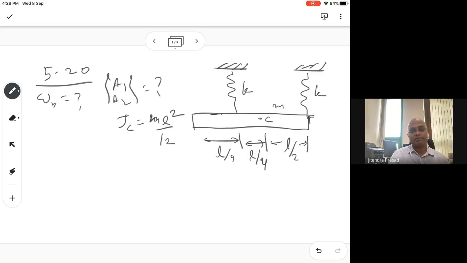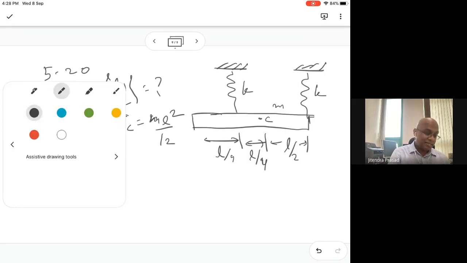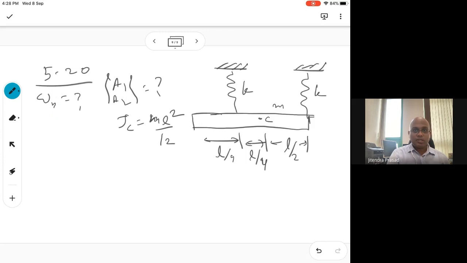Now what is suggested is the displacement of C. Let's say downward is x, the coordinate x for the displacement of C.